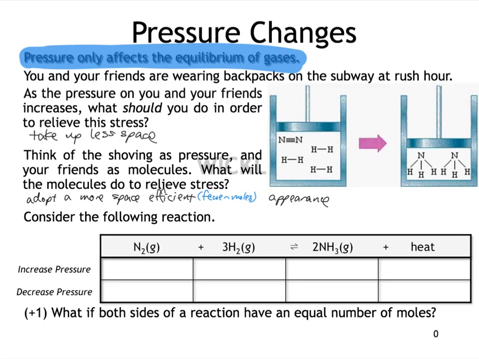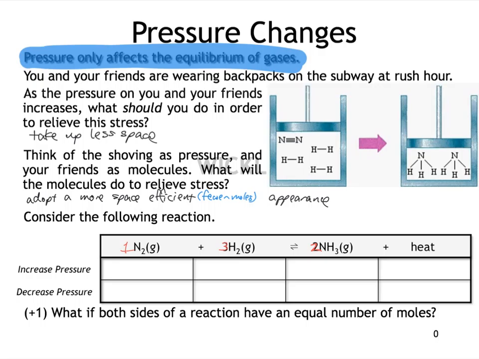Check out this as an example. If I have nitrogen reacting with hydrogen to make ammonia and heat, make sure everything's a gas. So it's gas, gas, gas. Heat is neither, it's not a gas at all. But what I would point out is that you have in this equation 1 mole of nitrogen gas, 3 moles of hydrogen gas, in equilibrium with 2 moles of ammonia, and the heat doesn't count in terms of molecules.